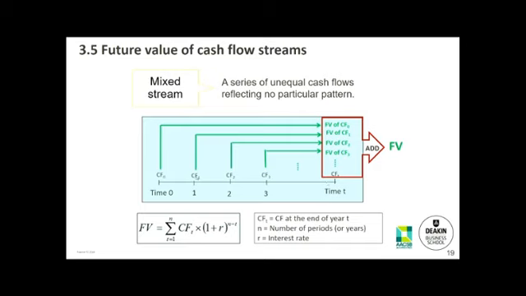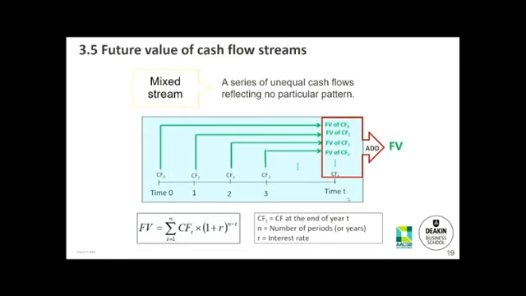Apparently, we can't sum them together, right? Because all of those cash flows happen at different points in time, so we can't simply sum them together. Then what should we do? We need to compound all of those cash flows into the same point in time. Some point in the future called time t.